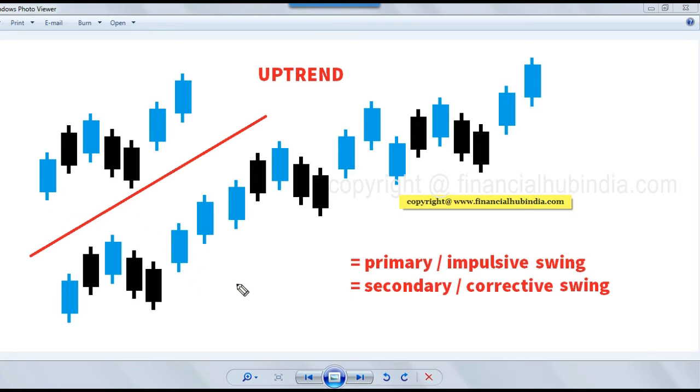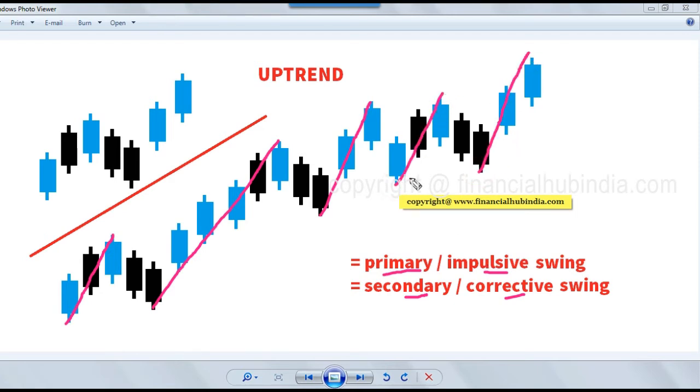You can categorize these two swings, upswing and downswing, into primary or secondary swings, also called impulsive or corrective swings. So the primary swing is nothing but the main swing, the larger swing. Which is the primary swing here? This one, then this one, then this one, then this one, then this one.